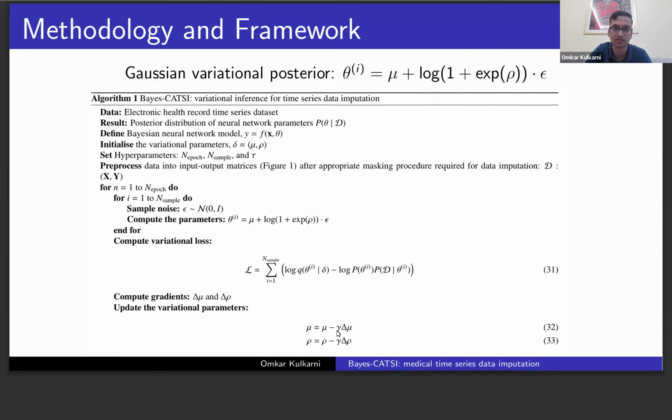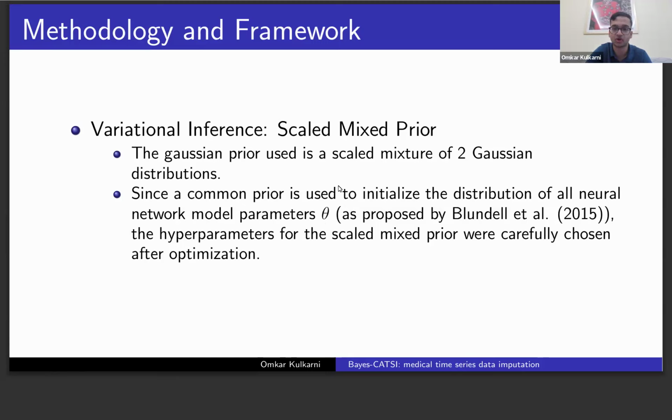So they basically used a Gaussian prior, which was a scaled mixture of two Gaussian distributions. So since a common prior was used, we have chosen the hyperparameters of the scaled mixture prior after careful optimization.